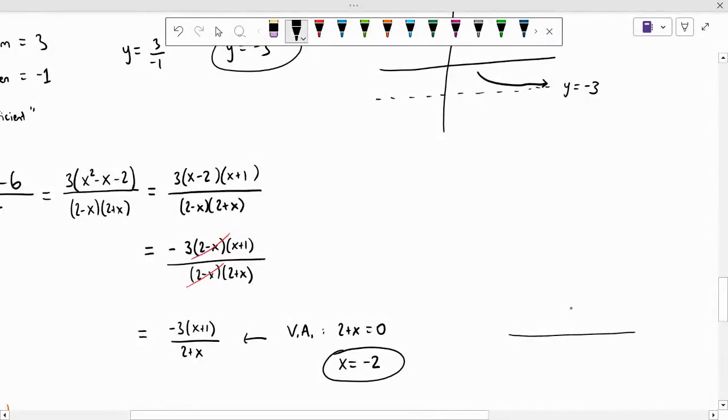For this function, what's going to be happening at x equals -2, which let's say is located here in the graph? -2, that's positive. I think the graph will do something like this.